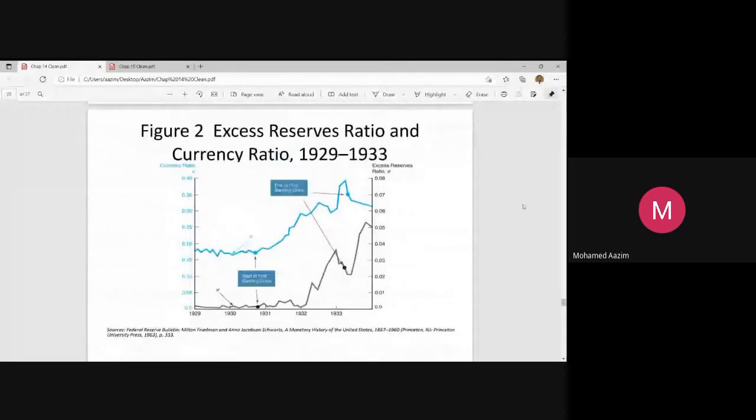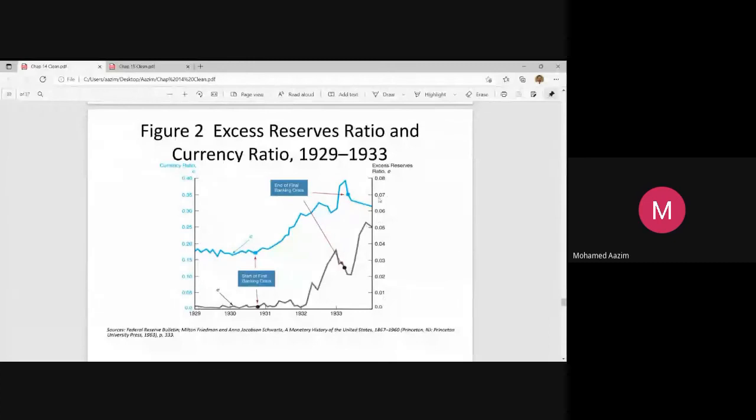The excess reserve ratio, small e, is the black line, and the y-axis is on the right-hand side. This is the excess reserve ratio here, and this is the variable value.